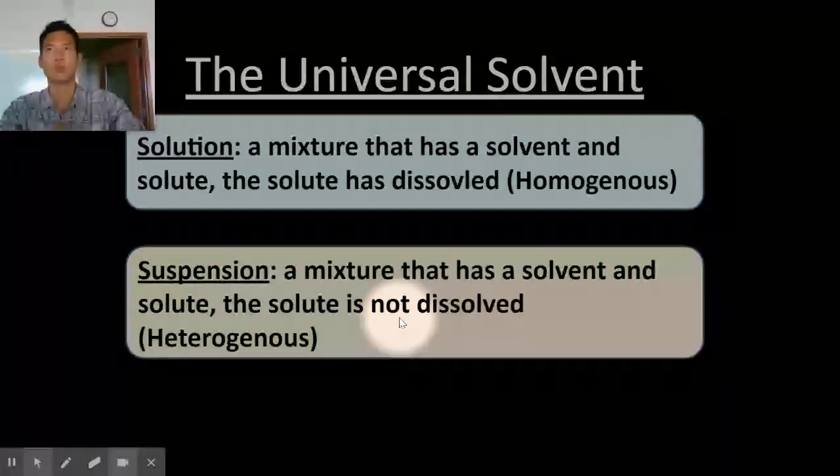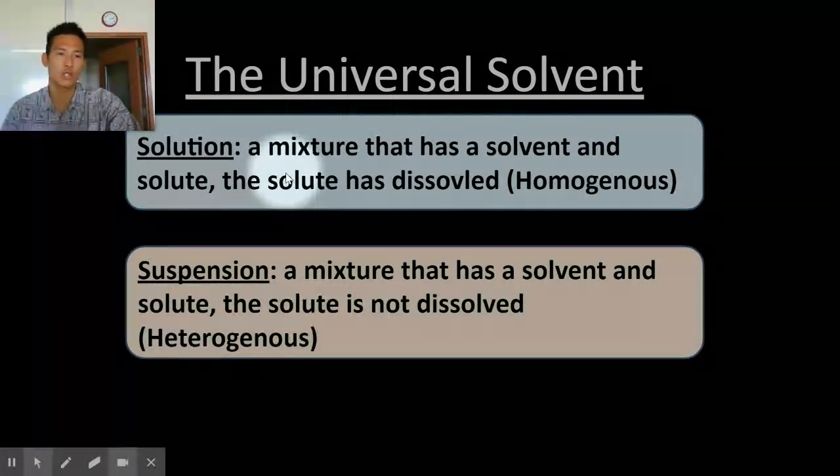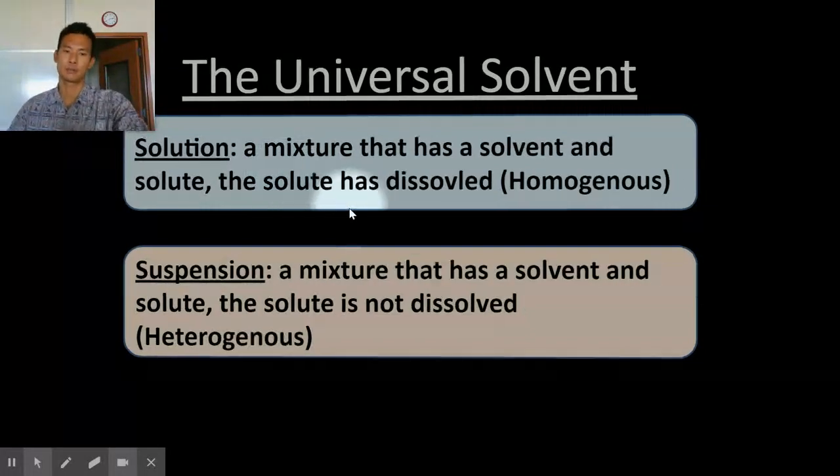Now, if it doesn't dissolve, that means that it cannot form bonds with the solute or the solid. Therefore, in the suspension, you will be able to see little pieces, and it will separate over time. That's the difference between a solution and a suspension.